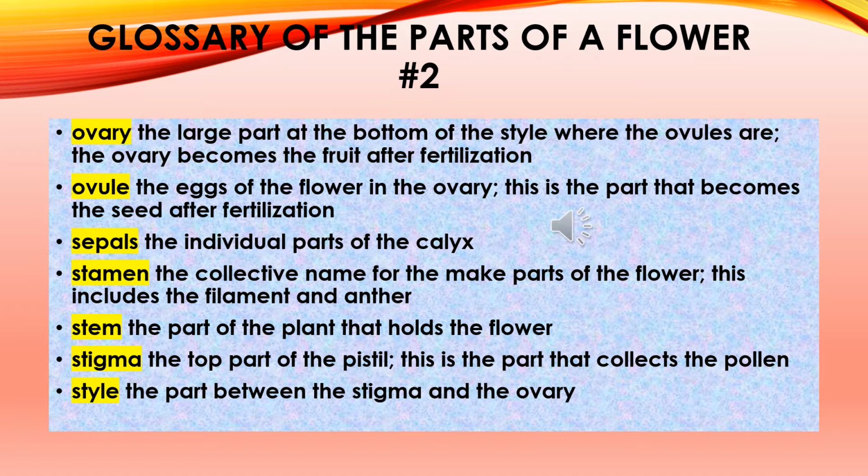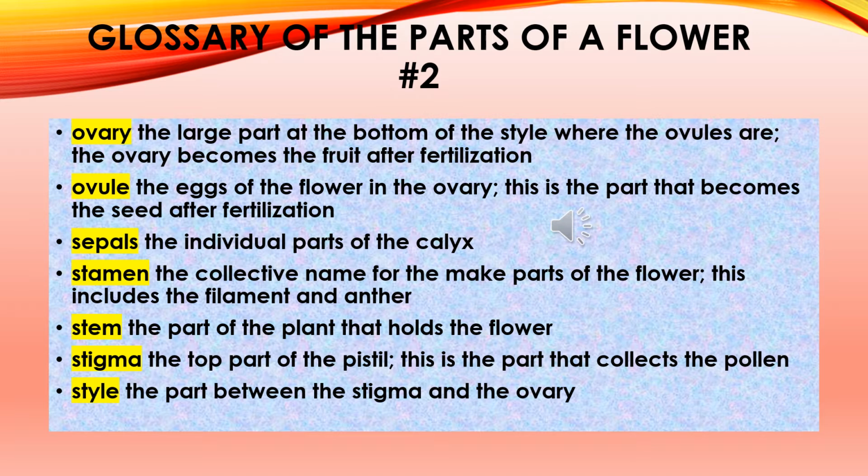These include the filaments and anthers. Stem, the part of the plant that holds the flower. Stigma, the top part of the pistil. This is the part that collects the pollen. And style, the part between the stigma and the ovary.